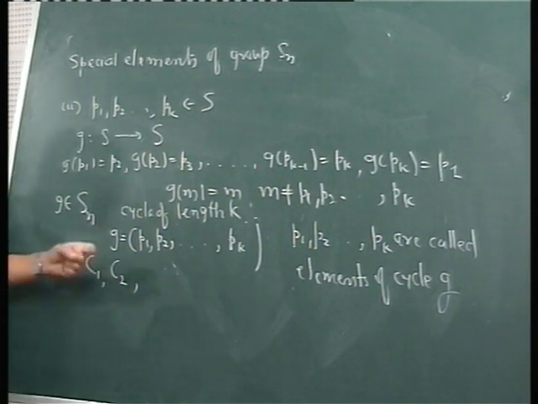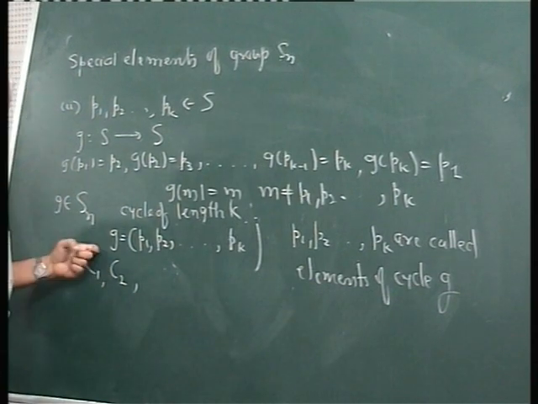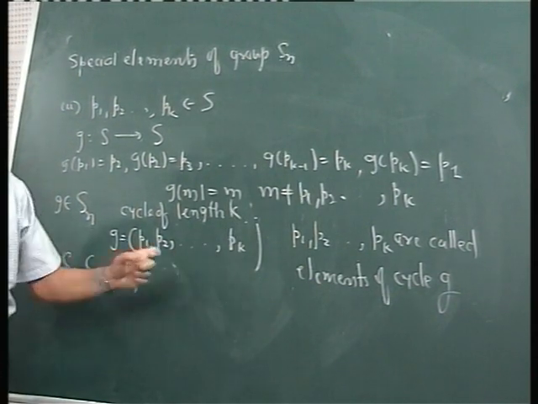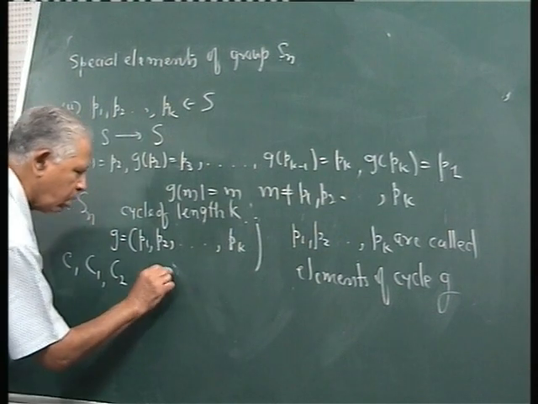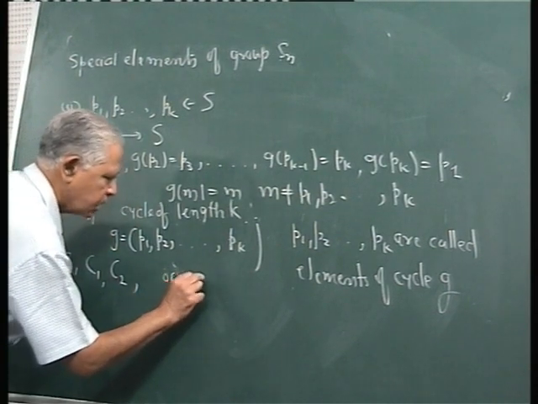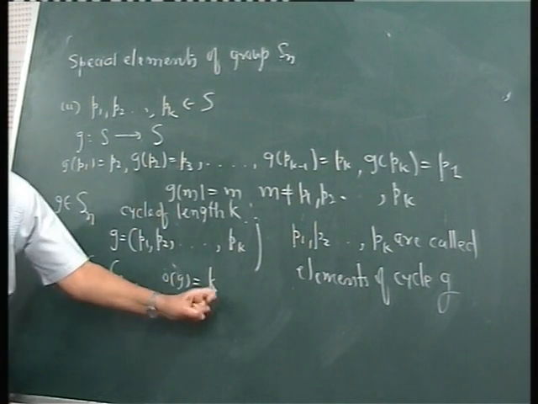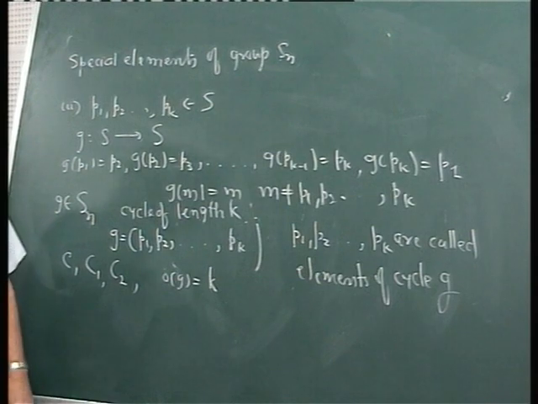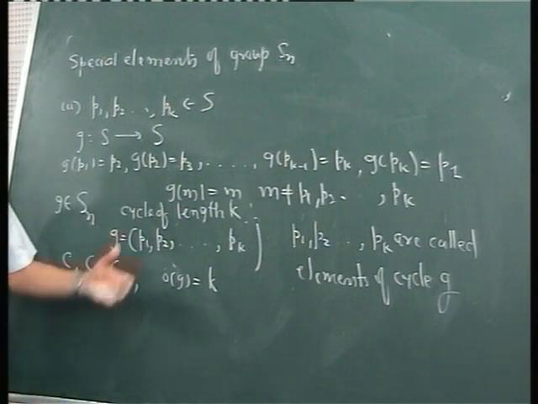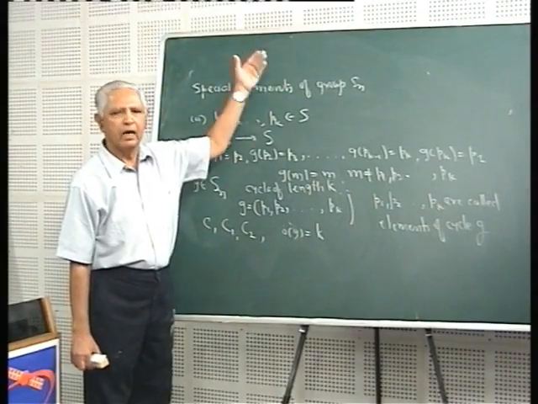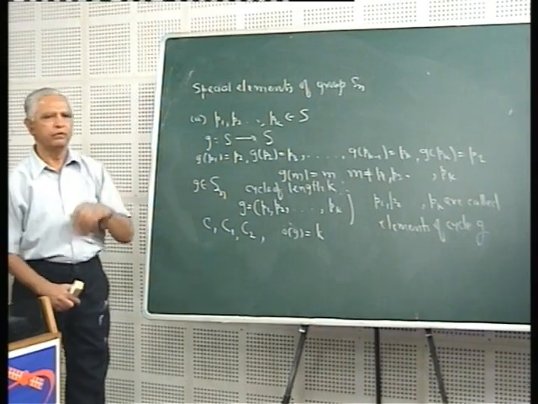So here we have a cycle of length k. We can prove that the order of G is equal to k. That means if you have a cycle of length k, then its order also comes out to be k. Now what we can say is that a transposition is a special case of this.